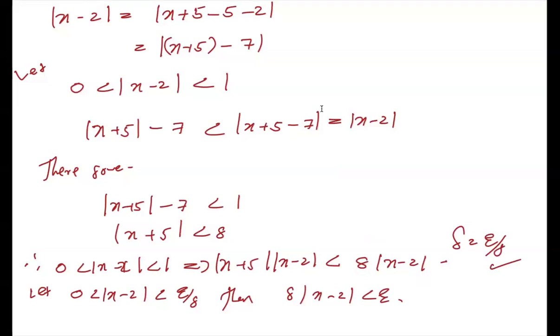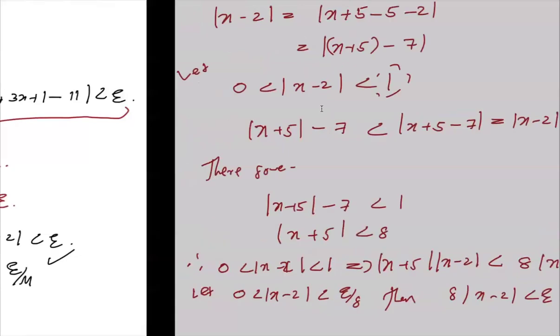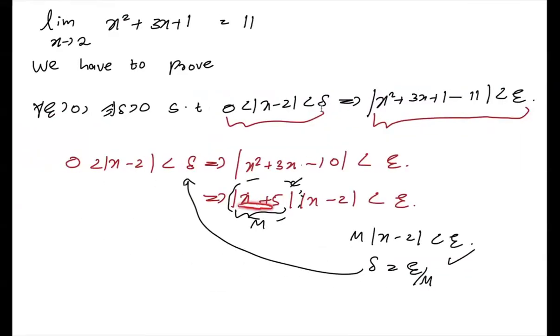So first, I get an inequality using a constant value, and then I get some inequality for |x plus 5|. In the second case, because I only have |x minus 2| there, I can straight away pick a delta to satisfy this inequality because it is just a constant. But if it is not a constant, I cannot do that. Okay.